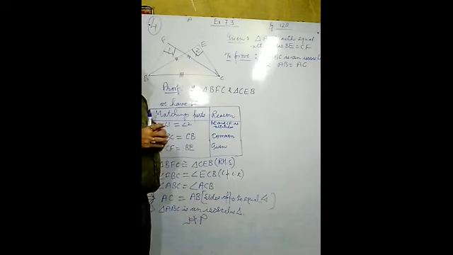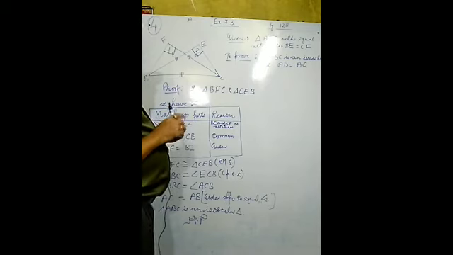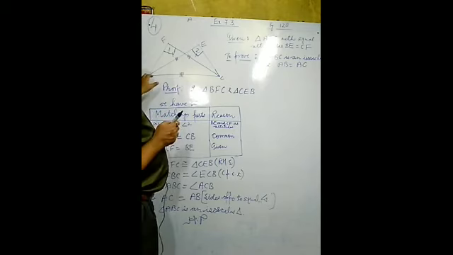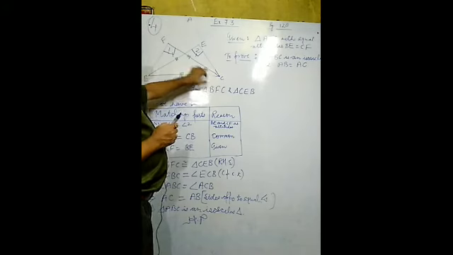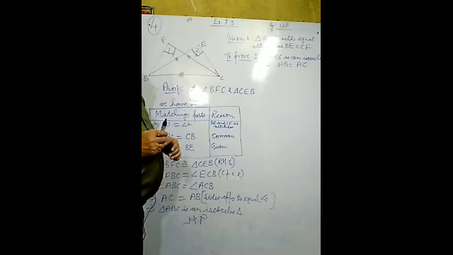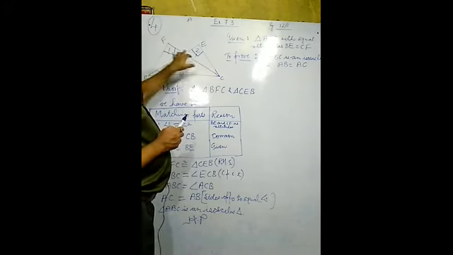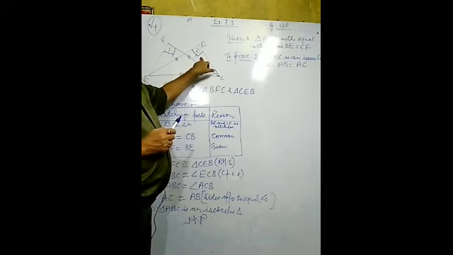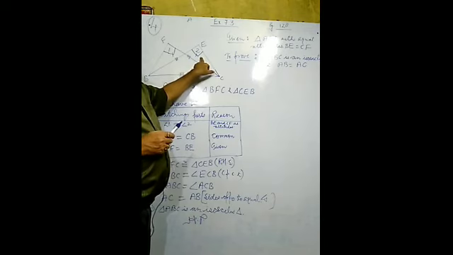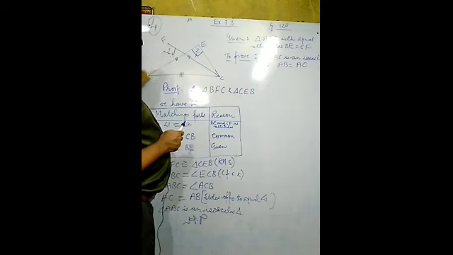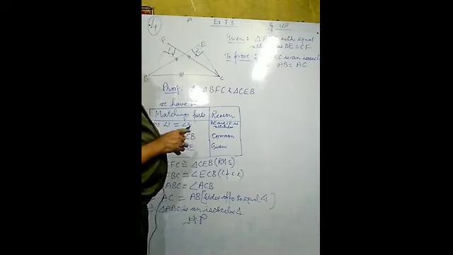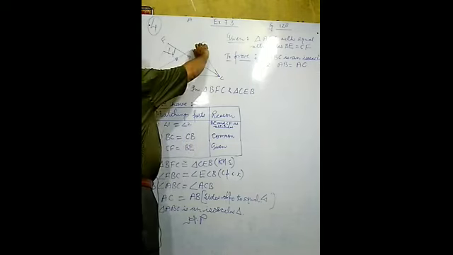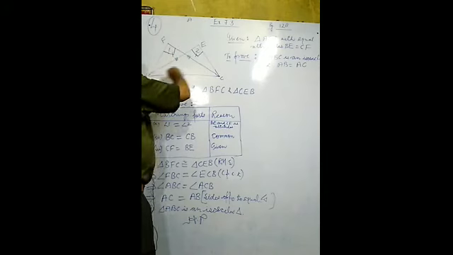Now observe very easily. Firstly we have to consider BE and CF. Both are altitudes, therefore the value of angle 1 is 90, and the value of angle 2 is also 90. It means the first matching part of RHS is obtained here. Angle 1 of this triangle equals angle 2 of the second triangle.